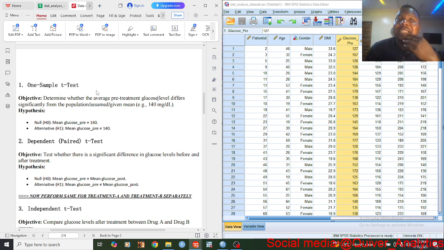So to test that, you will use a one sample t-test, and the corresponding hypothesis is that the null hypothesis is that mean glucose pre-administration of the drugs is 140. The alternate hypothesis is that it is not 140.